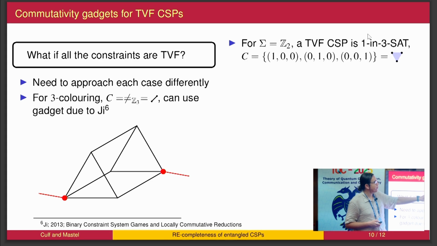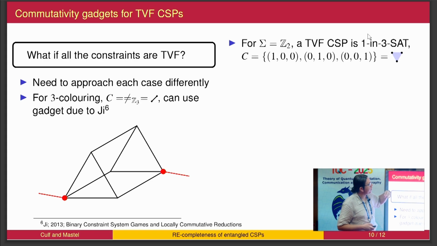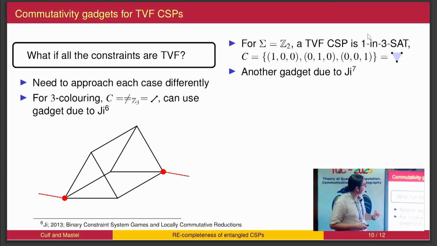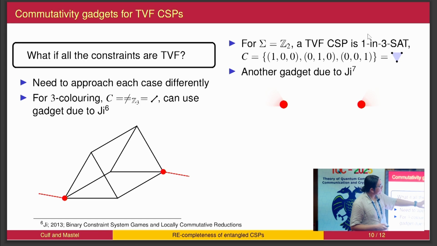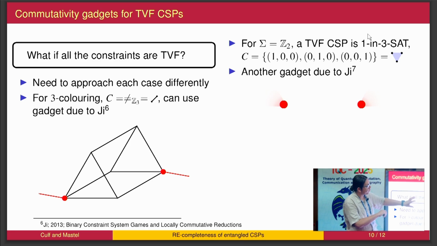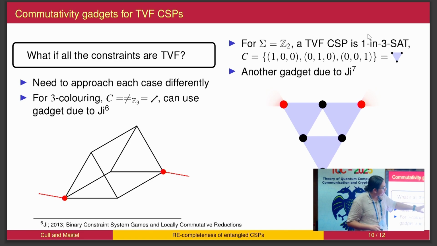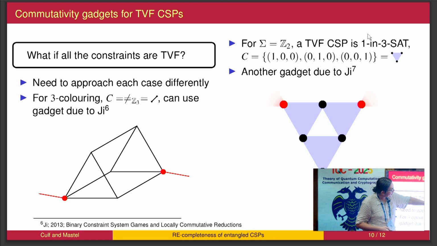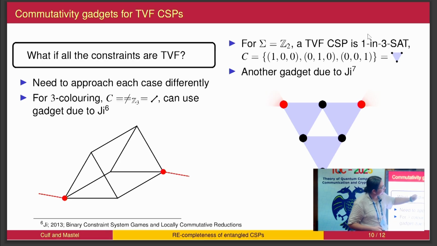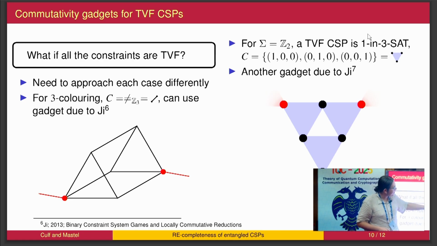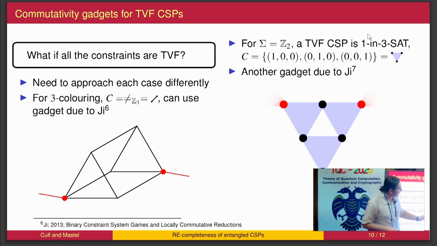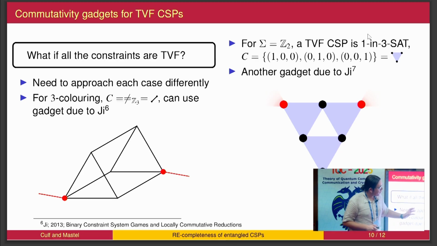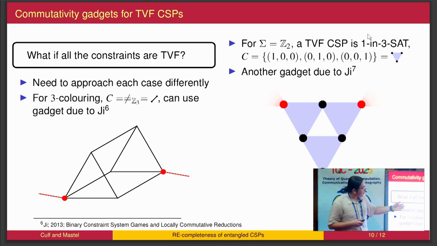So you can see this sort of like a triangular edge in a hypergraph. And again, due to G, there's an interesting gadget where if you want these 2 vertices to commute, which sit on corners of a hypergraph, you can build this sort of inverted triangle construction, and this again works by the algebraic properties of this constraint system.